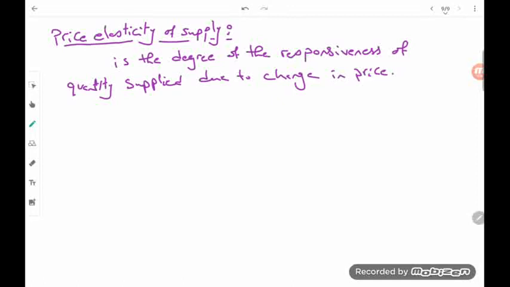So we can write it as elasticity of supply, it's percentage change in QS over percentage change in price.